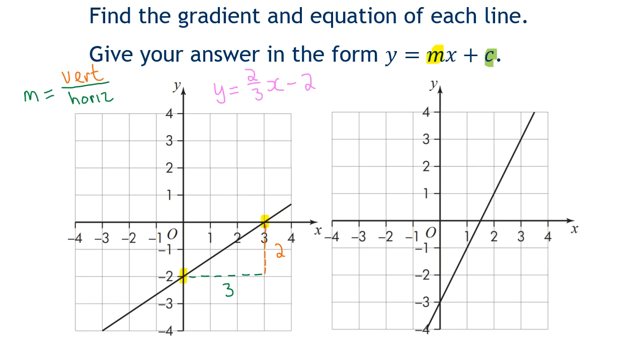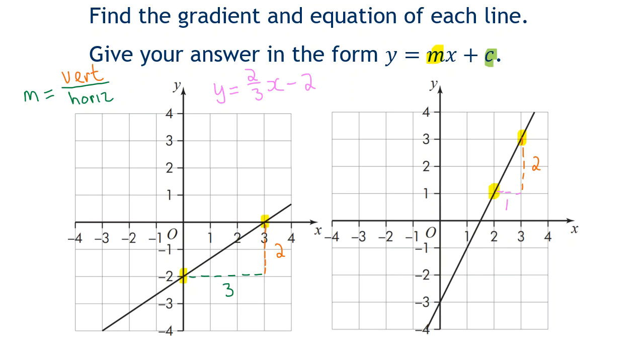And we can apply a lot of that thinking to this next example. So if we look at the graph of the one on the right hand side, try and find a good point. There's a couple there, and what we can do is count the boxes. So down here we're going down 2, that's our vertical, and then the horizontal in this case would be 1.